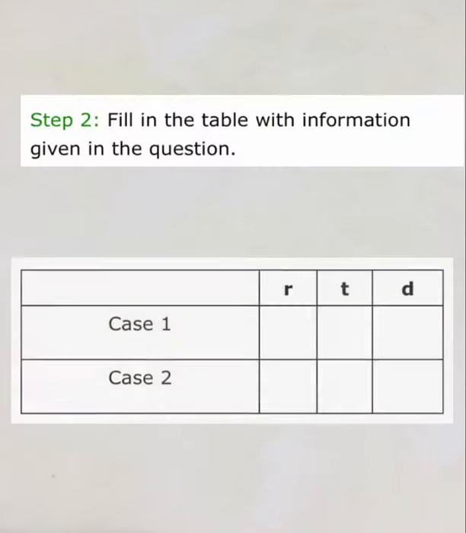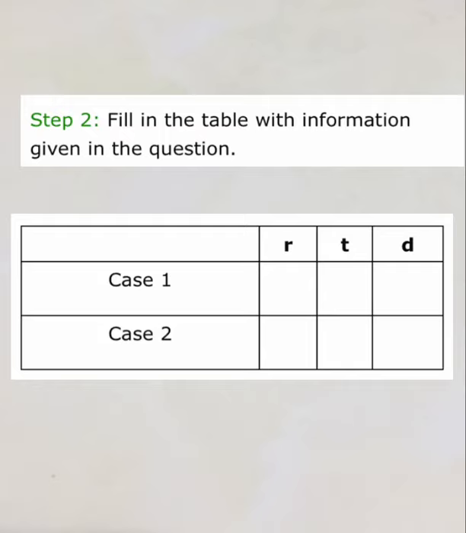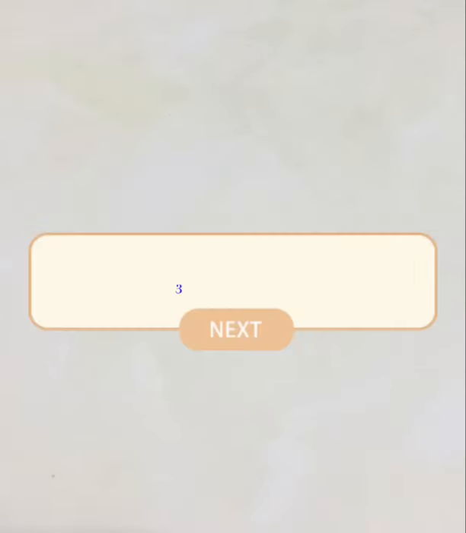In case 1, it gives us the rate of 50 kilometers per hour and the time of 6 hours. In the second case, the given rate is 45 kilometers per hour and the time is not mentioned, so we will just write t.